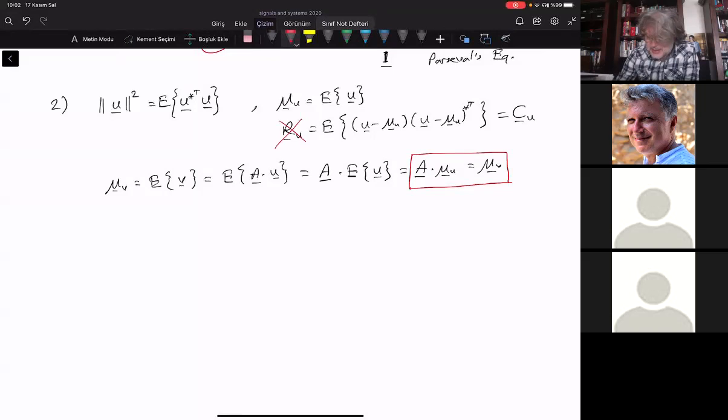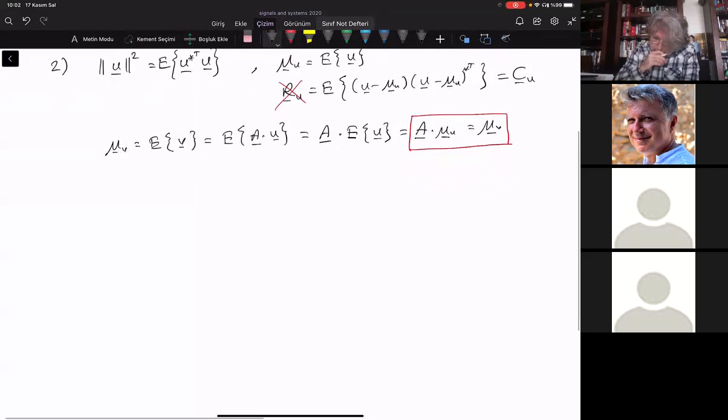This is not. Sometimes people just use correlation and covariance interchangeably with the assumption that the mean of the signal is 0. So if the mean value is 0, then autocorrelation and covariance are the same. Or if you just subtract the mean and make it a zero mean signal, then autocorrelation and autocovariance would be the same. But technically speaking, there is one difference like that. So we are talking in terms of autocovariance.